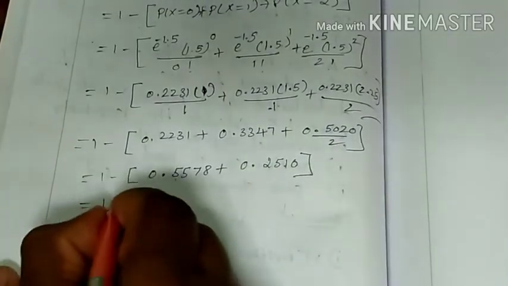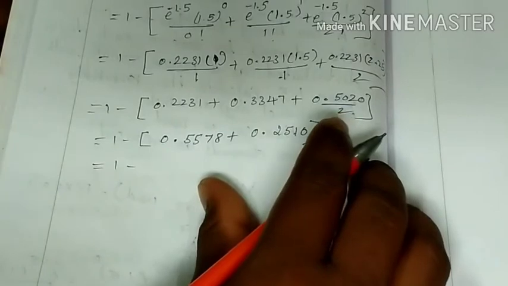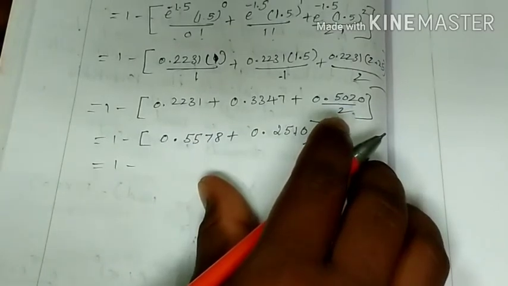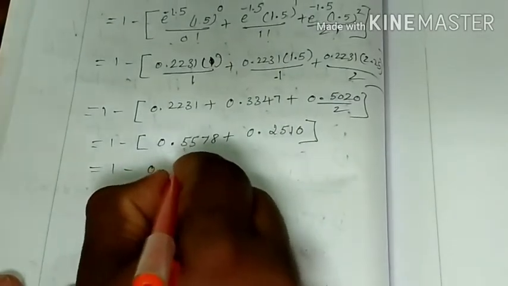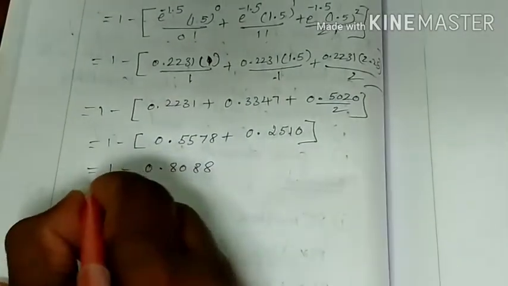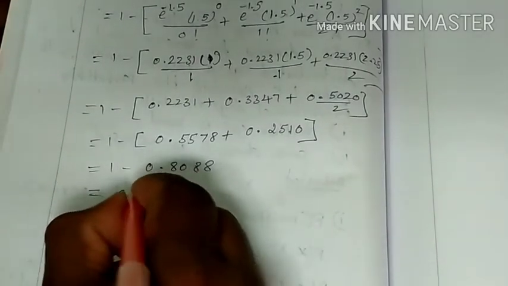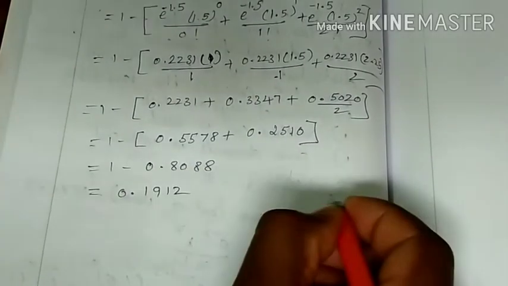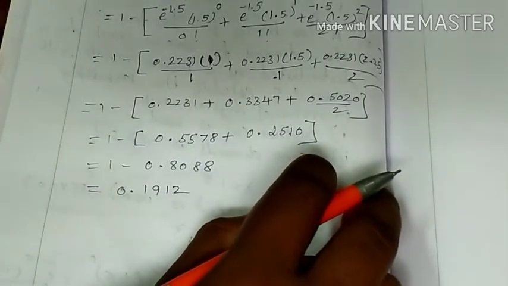Then the sum of the values, plus 0.5578, equal to 0.8088. Subtracting this value from 1, we get 0.1912. This is your answer of the second subdivision.